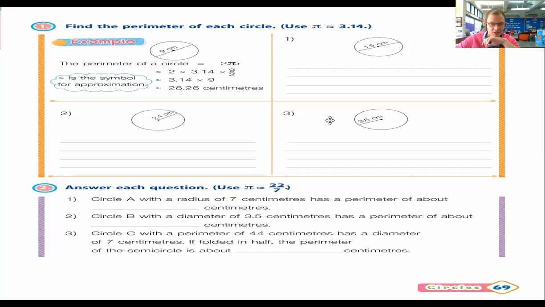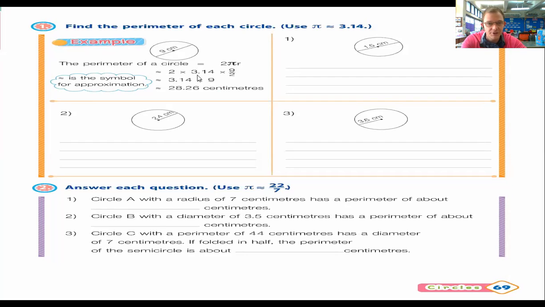So here we go. Here I want all of you to help me. Let's test our brains. Nice early morning, brain is nice and fresh. Let's see if we can put it to good use. The first one, they calculate for us already the perimeter of the circle, which equals 2 pi r.